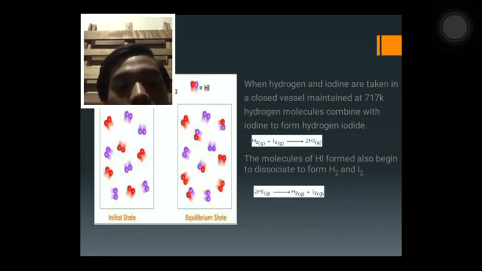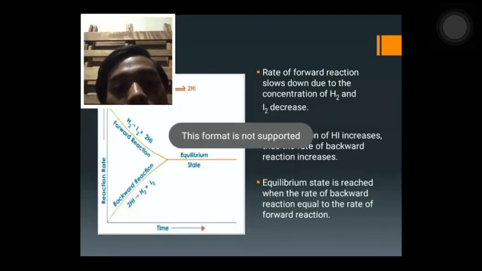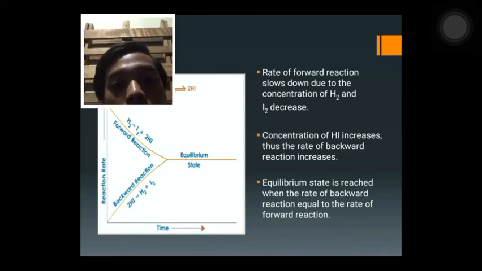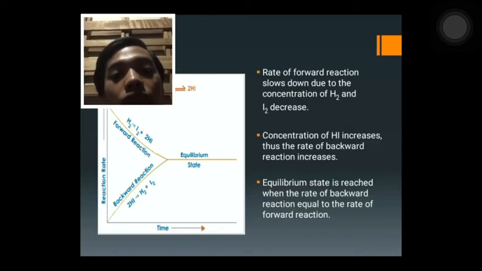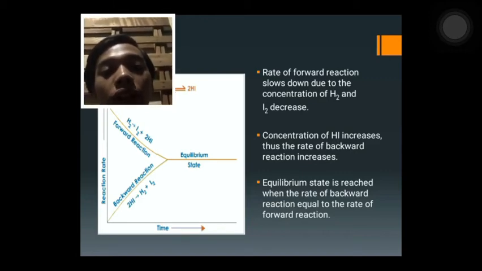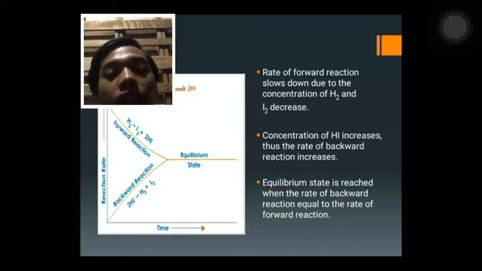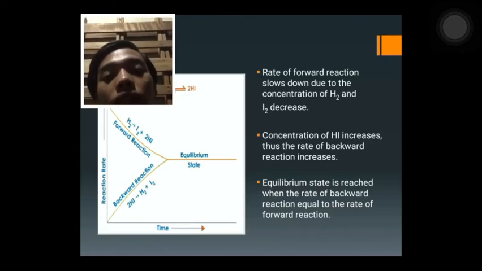So this is the graph for reaction rate by time. The rate of forward reaction slows down because the concentrations of H2 and I2, gas hydrogen and gas iodine, decrease. The concentration of hydrogen iodide increases, thus the rate of backward reaction increases.